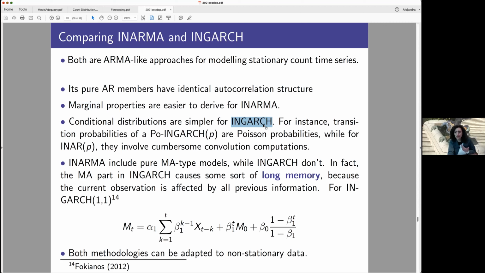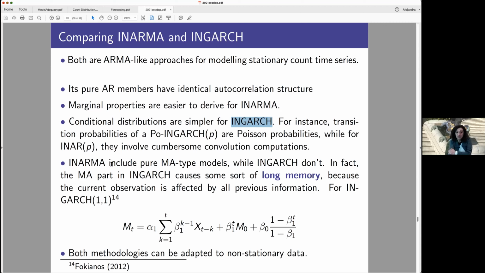For instance, the transition probabilities of Poisson INGARCH are just Poisson probabilities, and the transition probabilities of the thinning-based INARMA are just convolutions of whatever we are summing up there. So conditional distributions are much easier in the case of INGARCH because you just declare them.